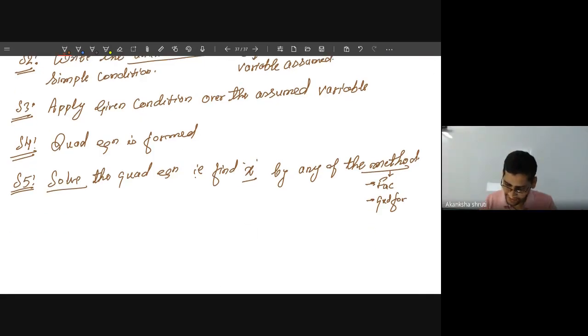So this way we can find the unknown. This is the ultimate step. So this gives the required result.